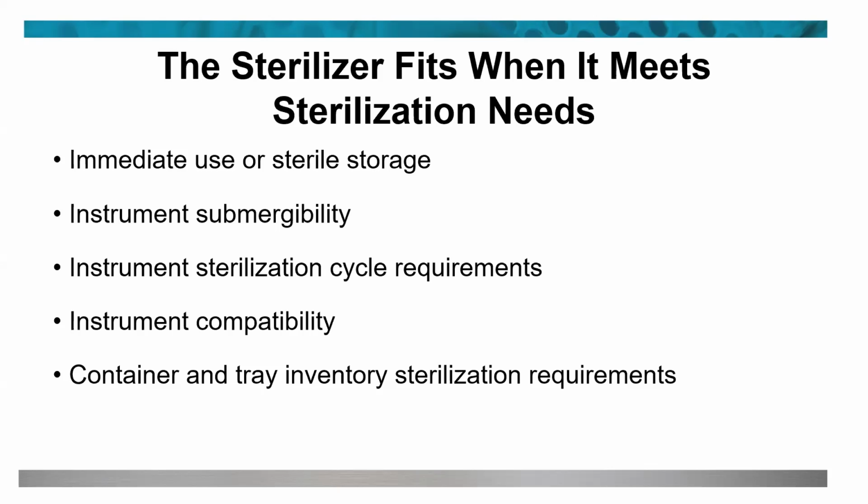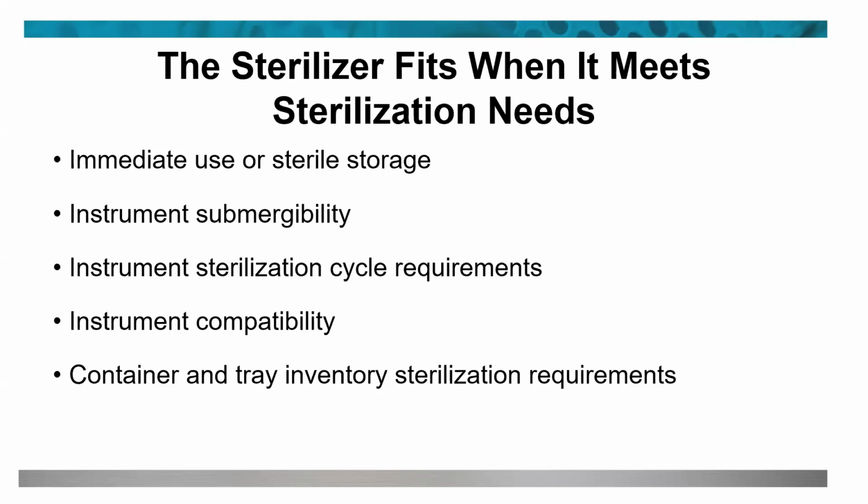Instruments can be considered for retirement and replacement if you don't have an IFU for them, or maybe you have to steam sterilize them. And if you get the new version, you may be able to go ahead and put it in a vaporized hydrogen system, or if it was made for ETO, you could go ahead and put it in this one too.